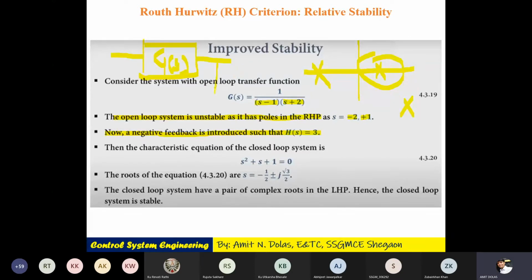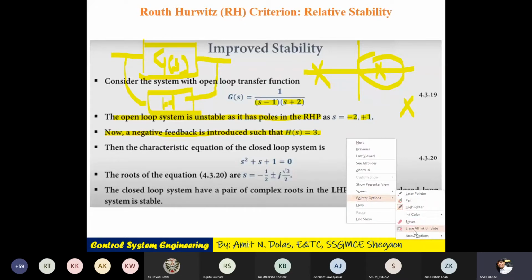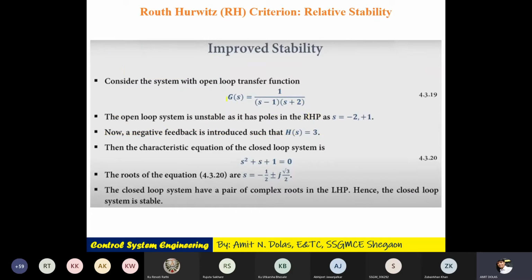Now what I am doing, I am connecting a feedback externally, that is H of s. I'm connecting feedback here. Then after feedback, this will be closed loop. So you have to decide the feedback element to make this system stable. Unstable है, हमें stable बनाना है.